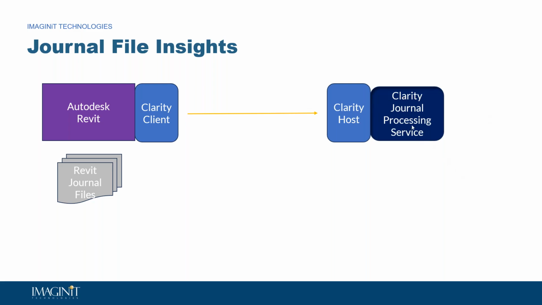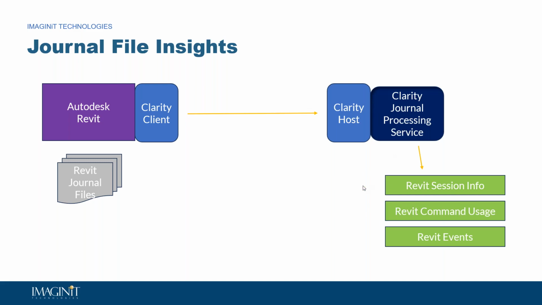And as we go through and process them, we're turning it into 3 different bits of information at the moment. Sort of a deeper Revit session info than what we were already sending via our add-in. We're tracking command usage, so we know exactly what Revit commands were run within the session. And then Revit events.